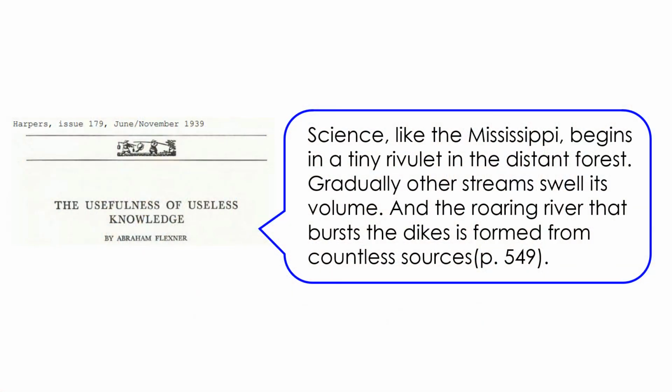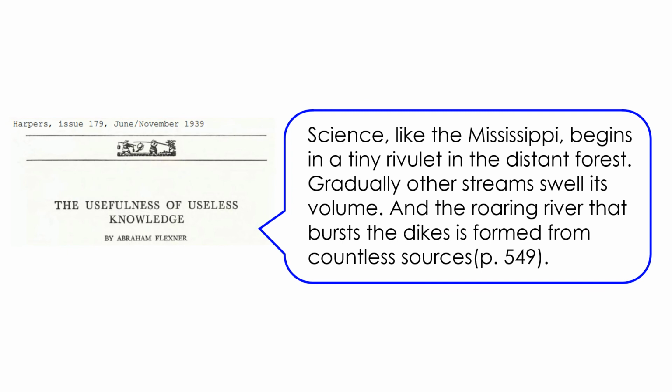Abraham Flexner was an American educator, best known for his role in the 20th century reform of medical and higher education in the United States and Canada. In his article, The Usefulness of Useless Knowledge, written in 1939, he described science as the Mississippi.